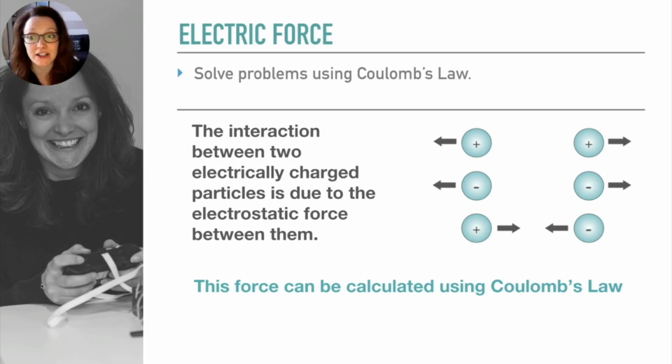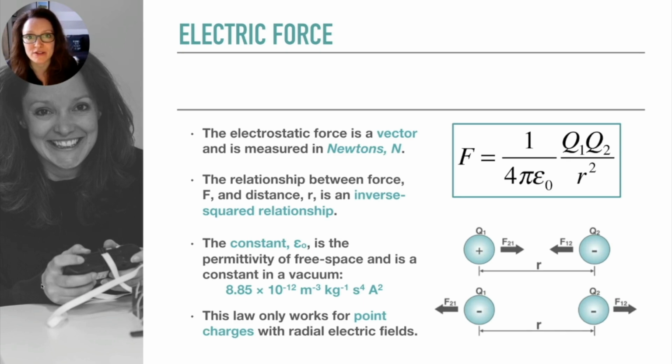As we talked about earlier, if you have like particles, they feel a force that repels them. And if you have opposite particles, you feel a force that attracts them. Now, Coulomb's law is the law that helps you calculate the size of that force, how strong that electrostatic force is. Let's find out a bit more about Coulomb's law.